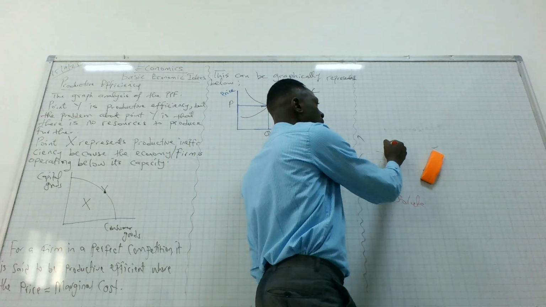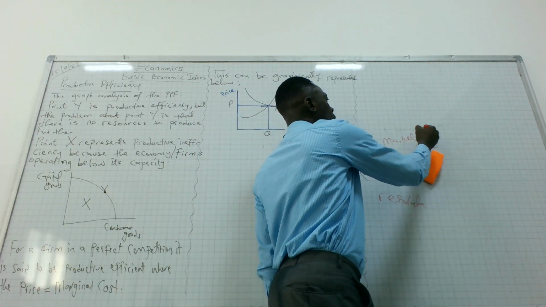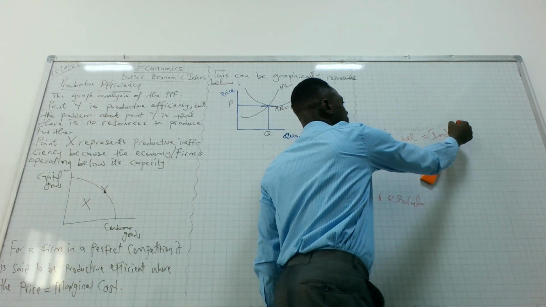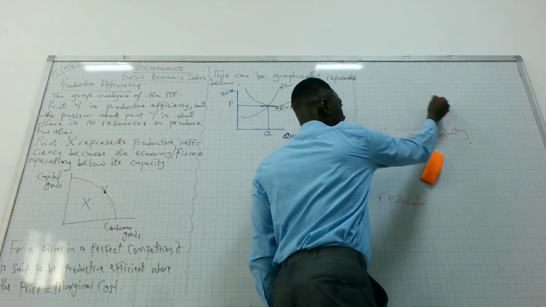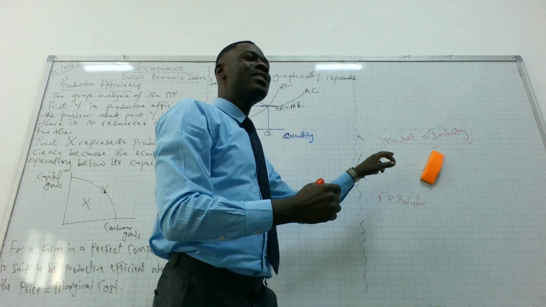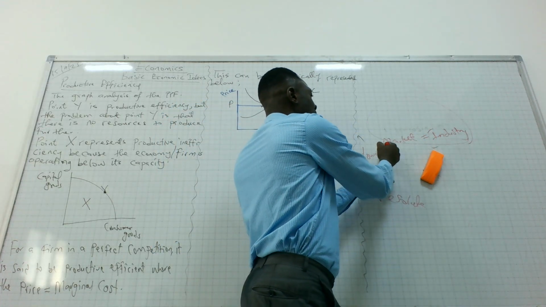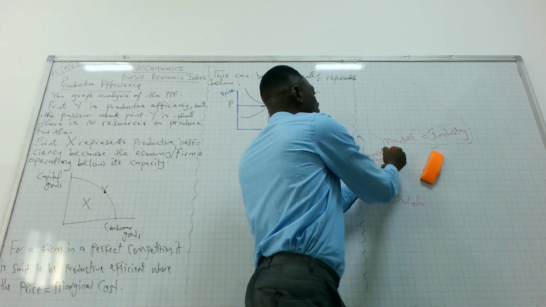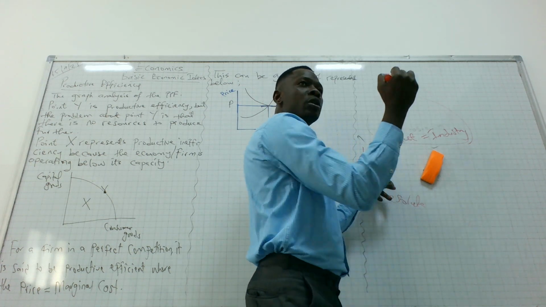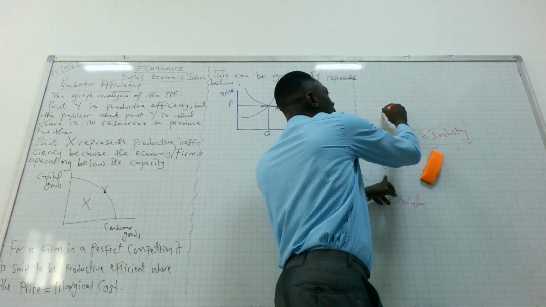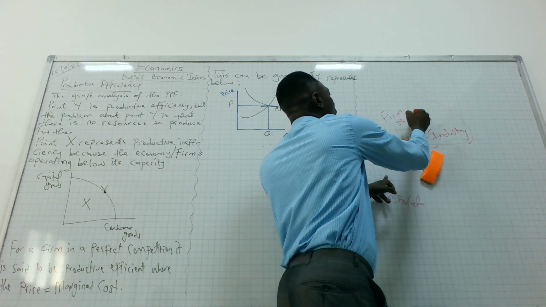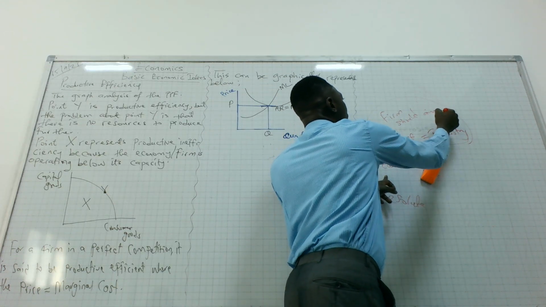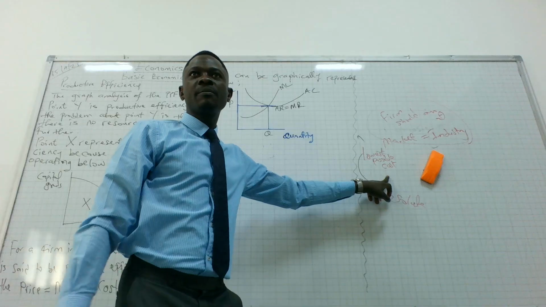So there's a market, which is the same as industry. So the lowest possible cost is what you as a firm should aim to achieve.